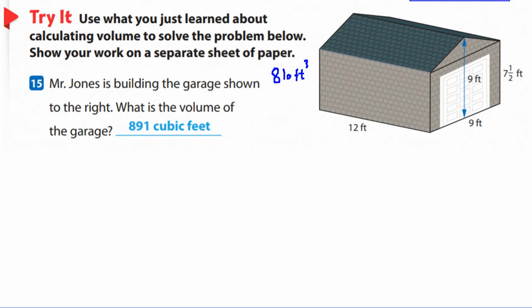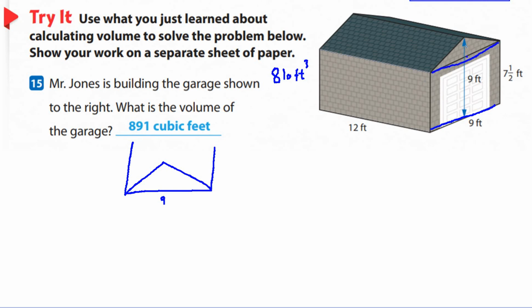And now we're looking at the triangular prism. I'm going to do my best to draw this one. But I'm going to draw it just like this. So anyways, the base for this we know is 9, right? 9 feet.